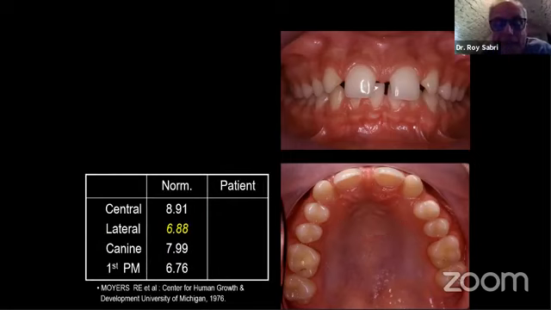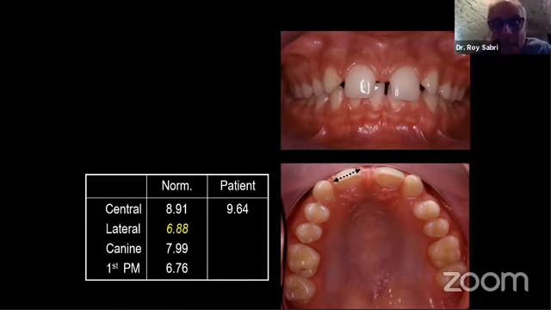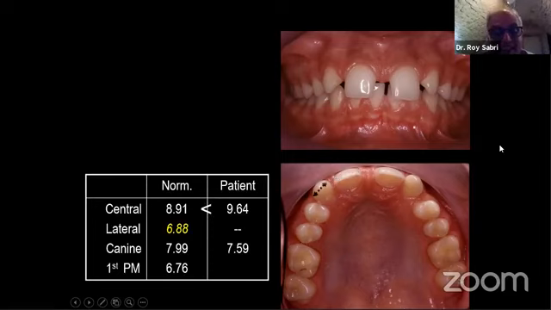So it could be a space opening, but he has an oversized central compared to the average norm. Sorry, can you see my pointer? Okay, this is the norm. So this is oversized. Now the canine is undersized.